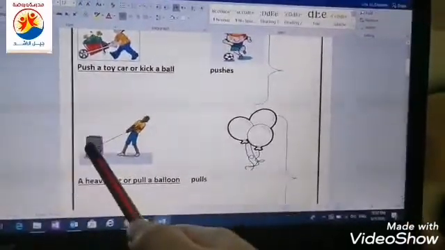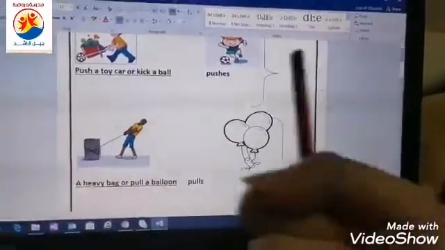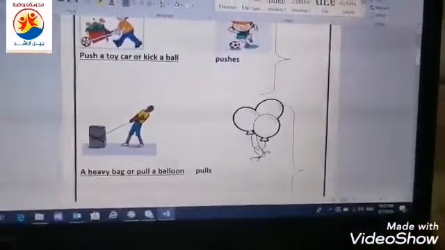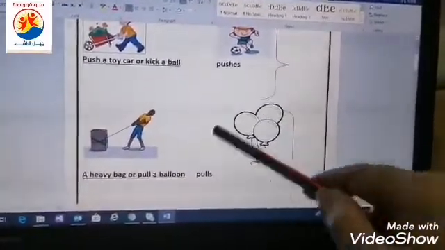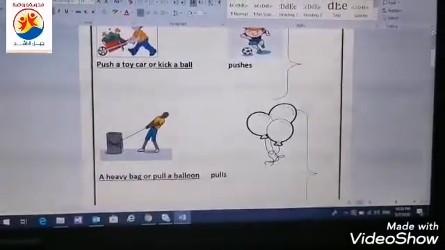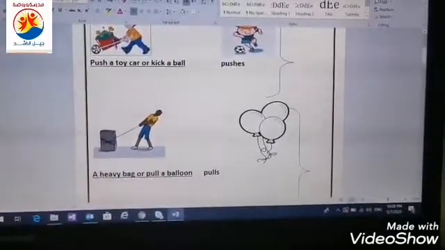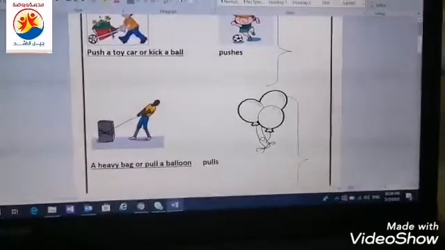For example, we lift a heavy bag, we want to move it, or blow up a balloon. We are either pushing or pulling, right?